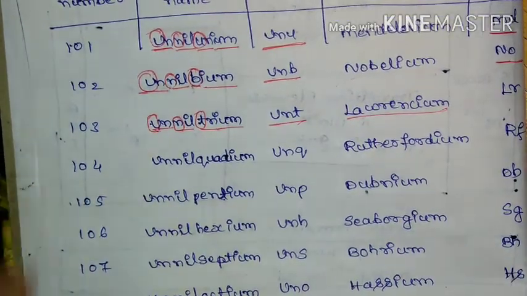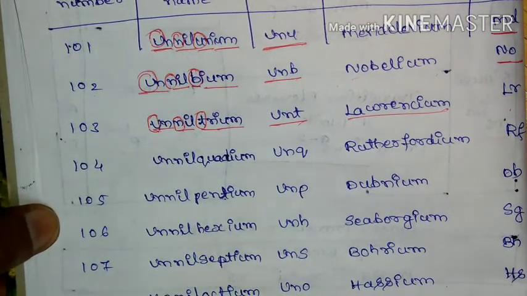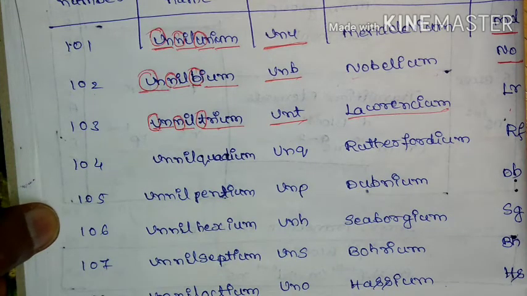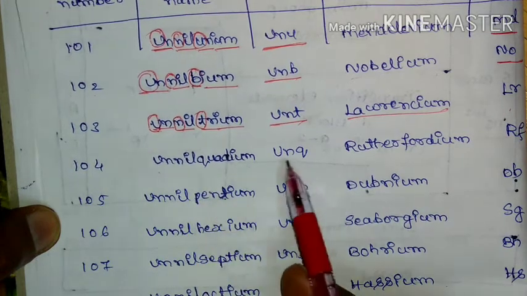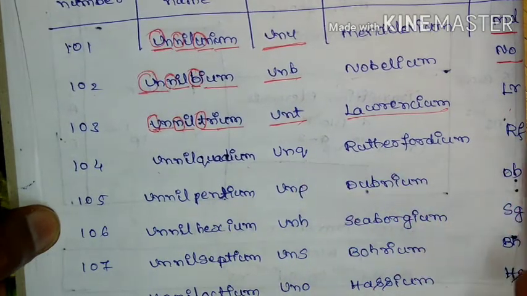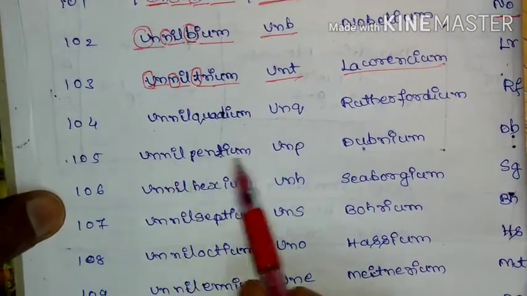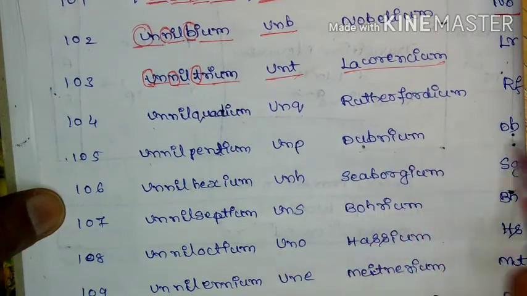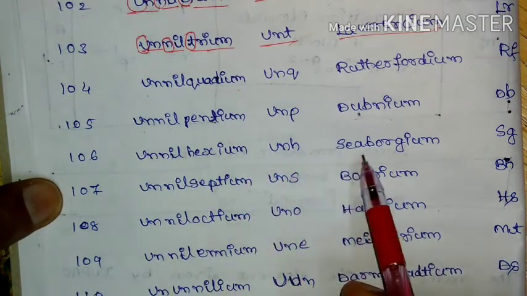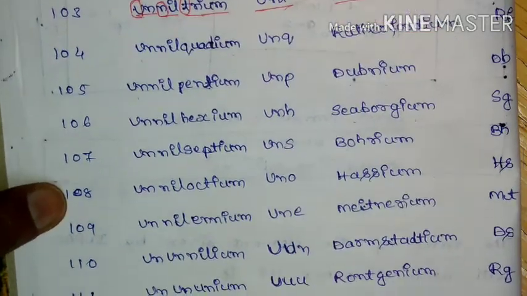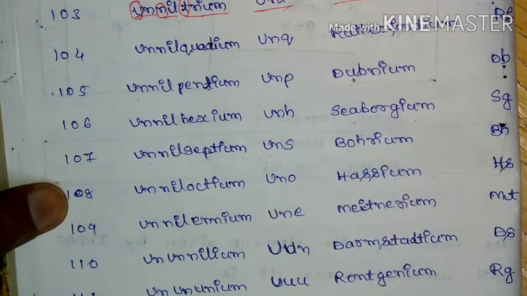Similarly, the same methodology will be followed for the remaining super heavy elements. So here is the list: 104 un, nil, quadium, Unq, Rutherfordium, and the symbol is Rf. 105 un, nil, pentium, Unp, Dubnium, Db. 106 un, nil, hexium, Unh, Seaborgium, symbol is Sg. 107 un, nil, septium, Uns, Bohrium, Bh.